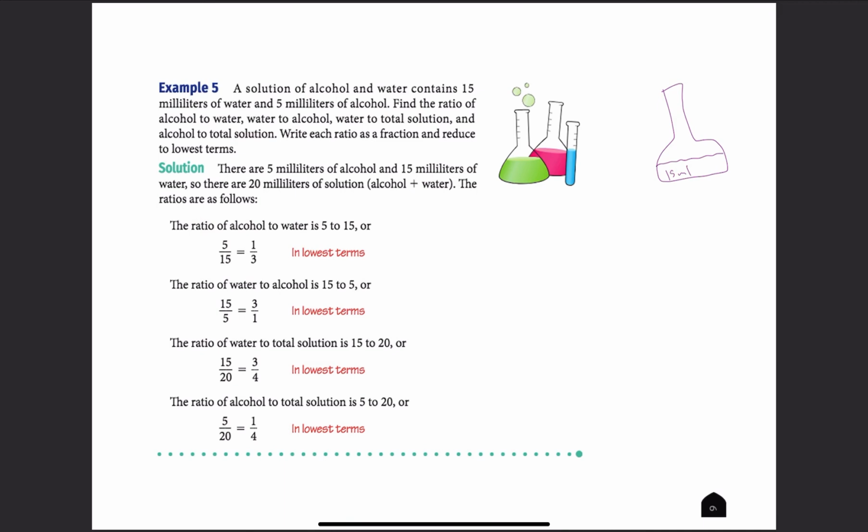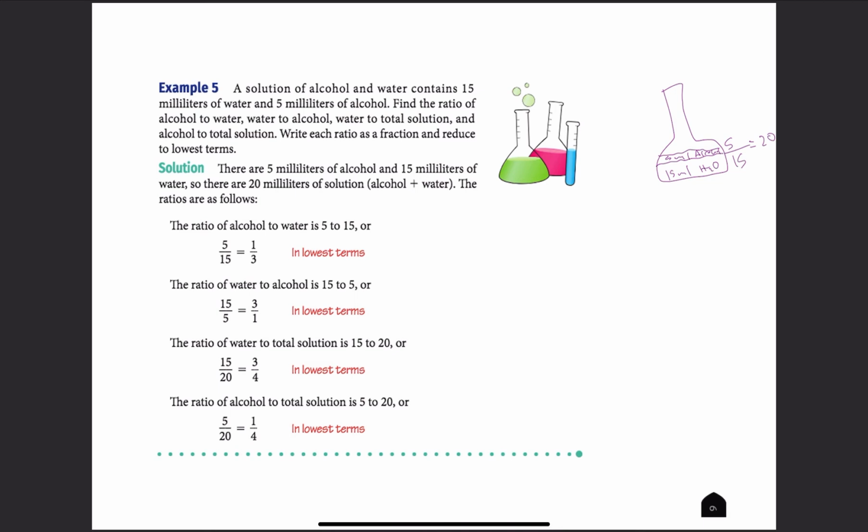So 15 mLs of H2O, and then 5 milliliters, so 5 mL of alcohol. I'll go ahead and write it out. It's a little small, so you can hardly see it, but it's there. And we know there's 15 mils of water and 5 mils of alcohol. So in total, there's 20 mils of liquid in this beaker.